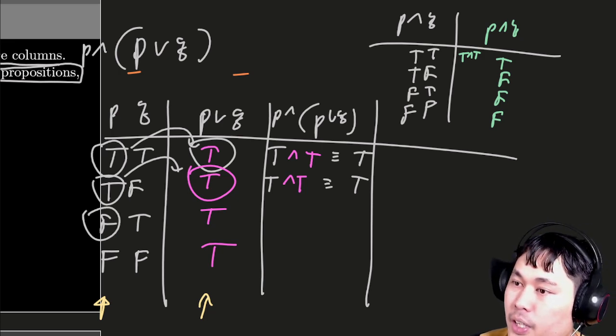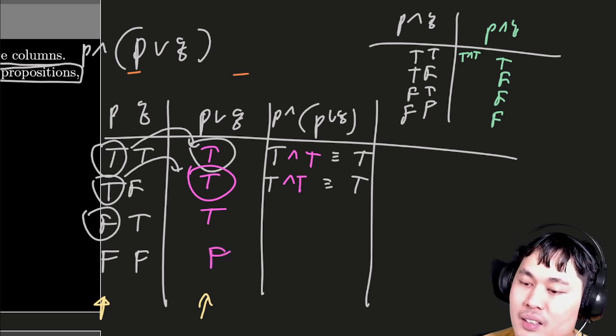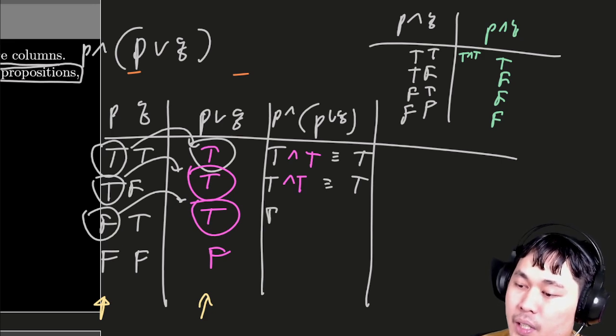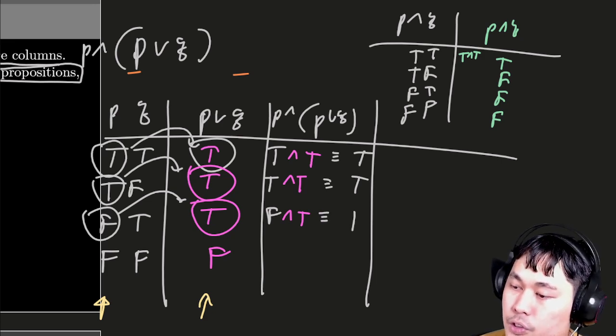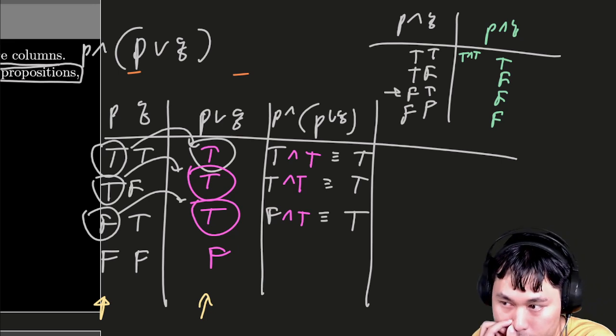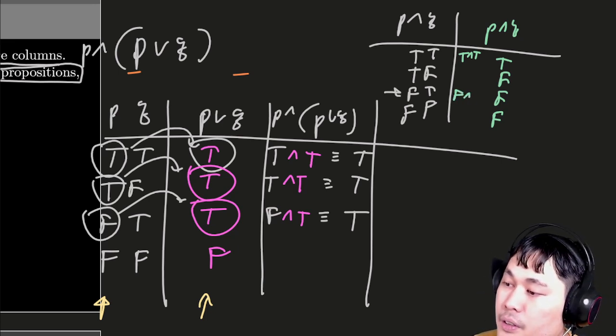Sorry, the last one is false. So what we have here is P, F, and T, which gives you F. And F and T corresponds to the third row. This is where the left one is false, the right one is true.